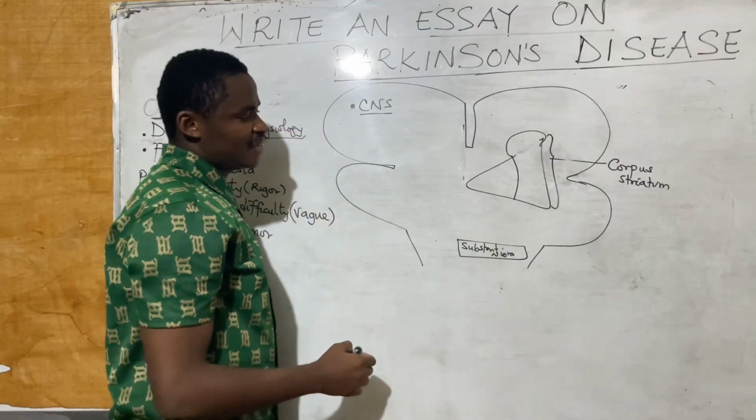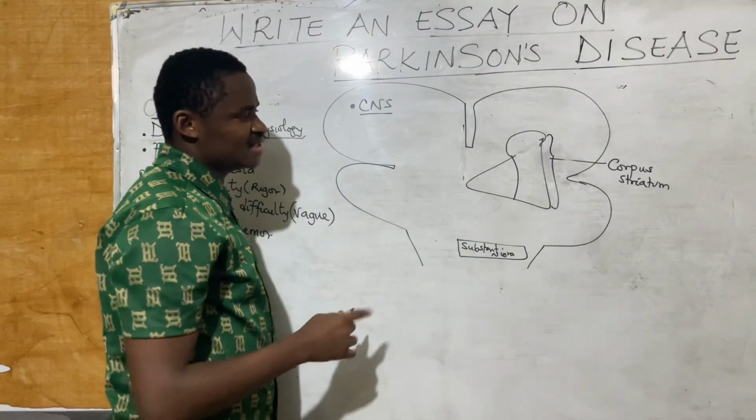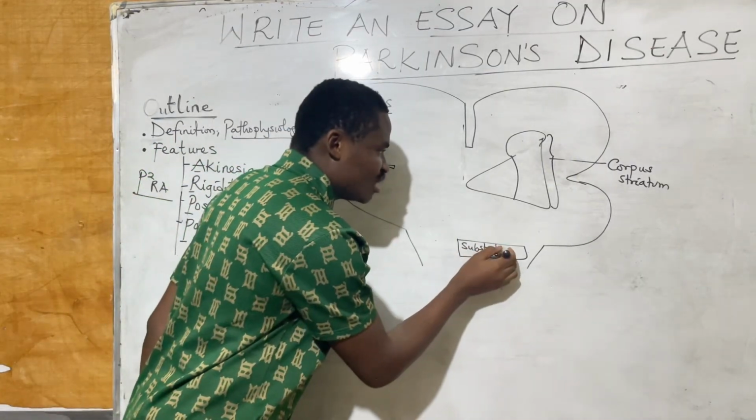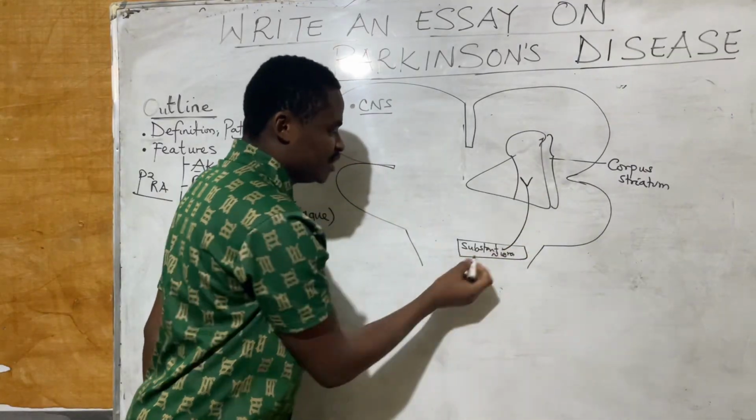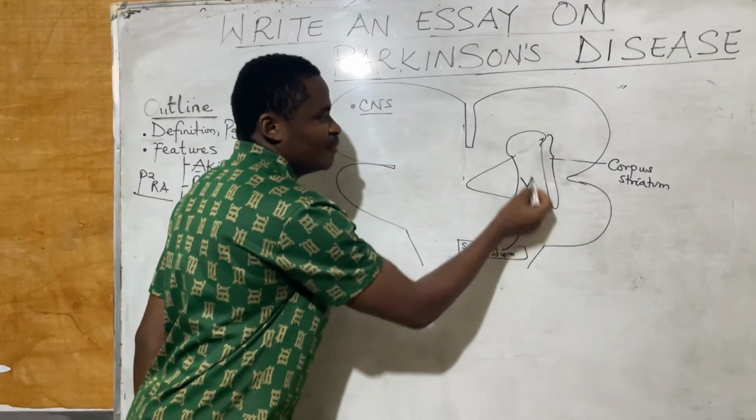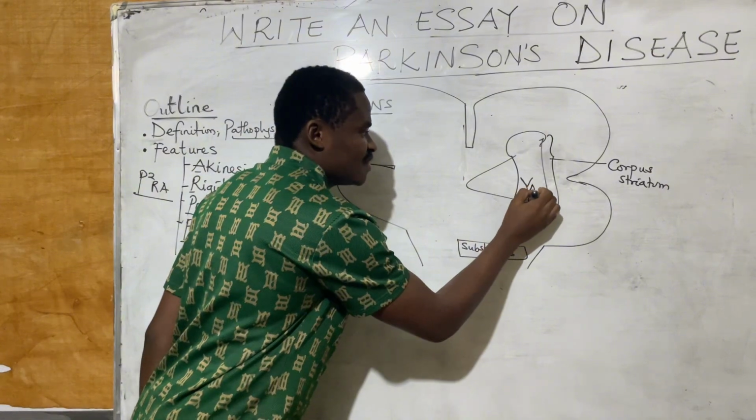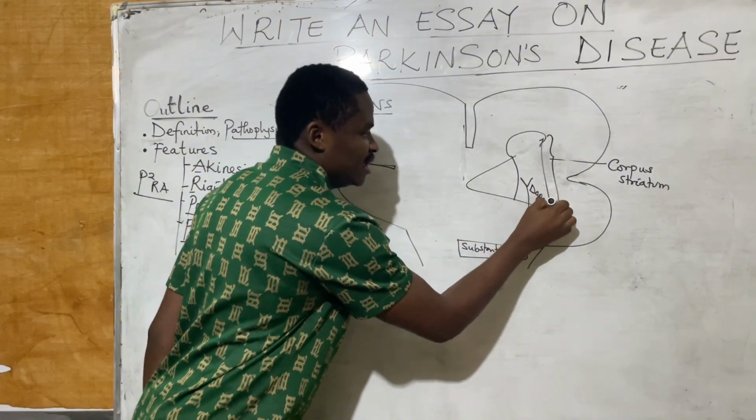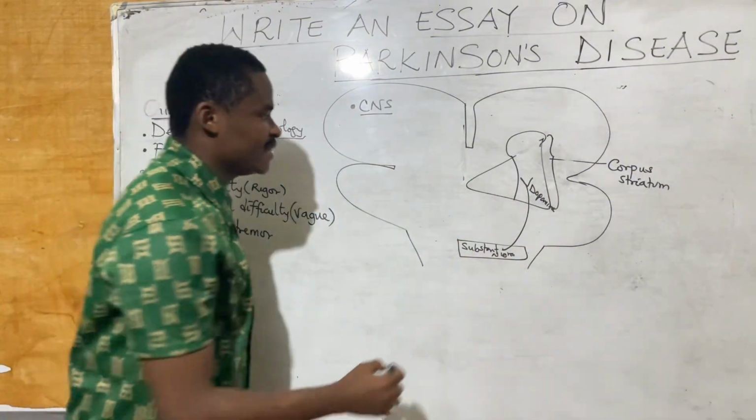So when we say that a person has Parkinson's, what's the problem? The problem is that the connection between the substantia nigra and the corpus striatum, for the release of a substance called dopamine, is absent. That's the basic idea behind it.